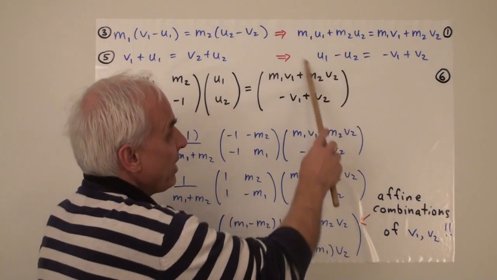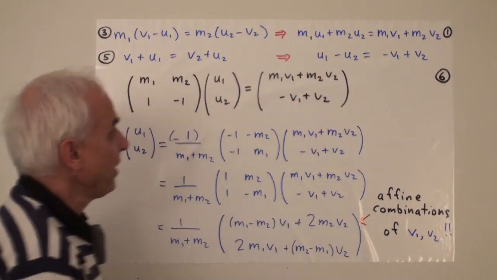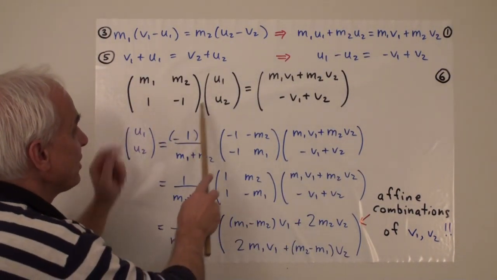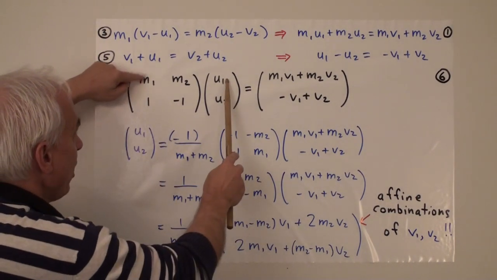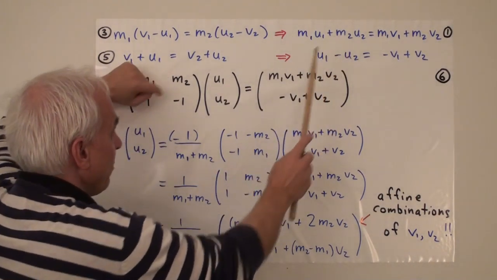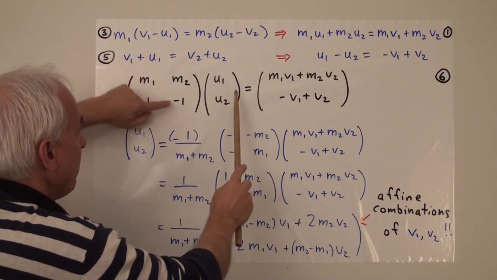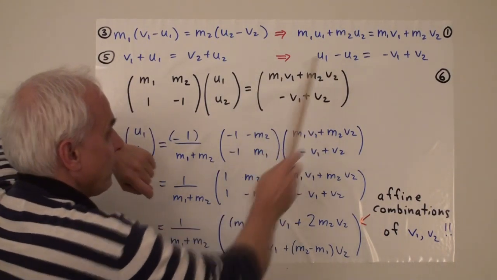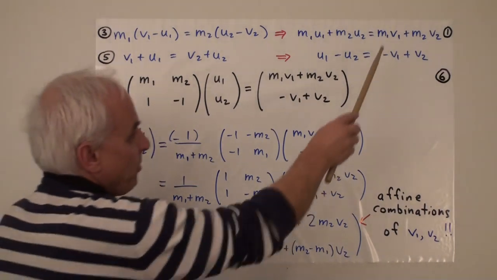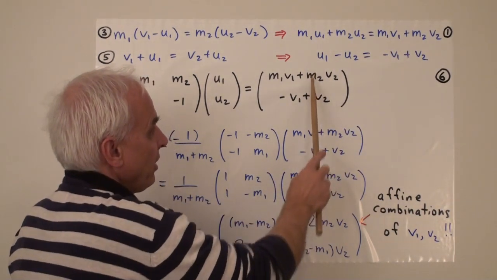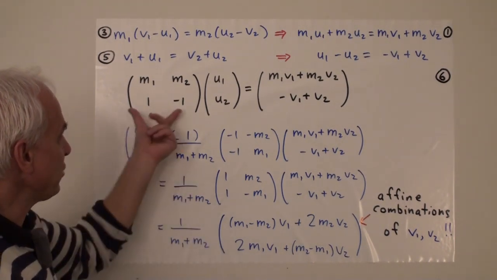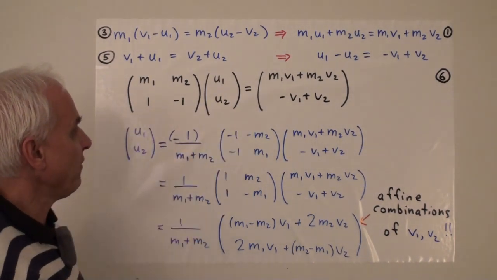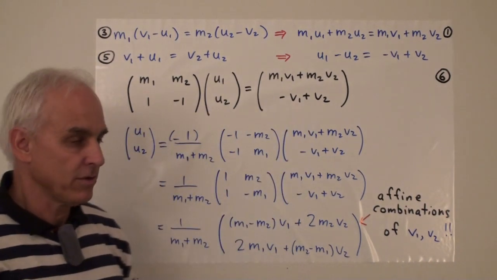The left-hand side here is really a vector, and we can write that as this matrix times the vector u1, u2. Because m1 u1 plus m2 u2 is that first term, and 1 times u1 minus 1 times u2 is that second one. And then we'll put these two numbers here in another vector. So we have matrix times unknown vector equals known vector.